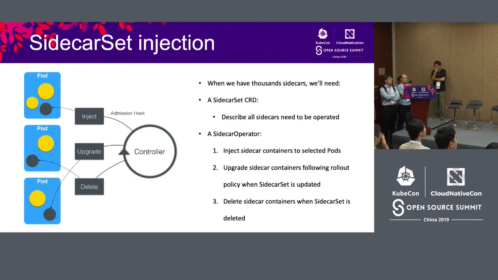Once we have defined the sidecar CRD and the operator's behaviors, it's going to inject the sidecars into all those pods that fit the selected conditions. And the upgrade and deletion of the sidecars will just fit in its mechanisms of working.